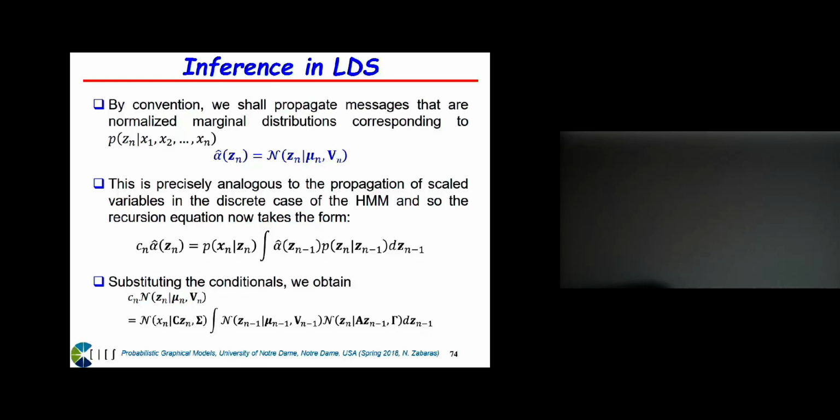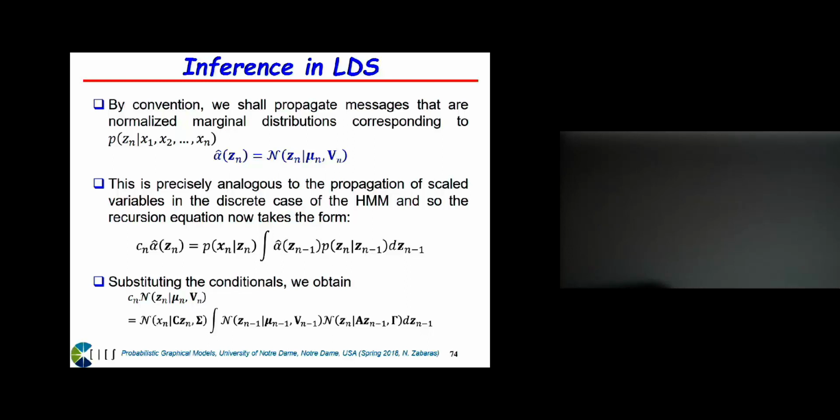Nothing major. What I have done is take this equation and expand it by plugging in all the terms. Cn, remember, is a normalization constant, sometimes confusing, but to make this an equal sign you need it. So this is the message times this Gaussian. The observation model is here.